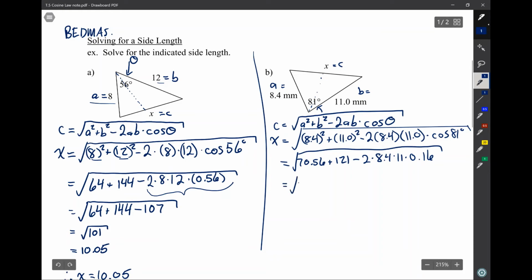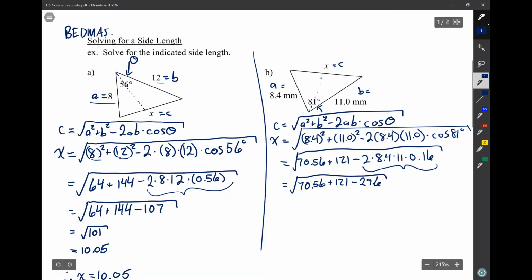And I'll leave the first two terms together, 70.56 plus 121 minus, and then I'm going to multiply all of these together, these four numbers. So 2 times 8.4 times 11 times 0.16 equals 29.6.